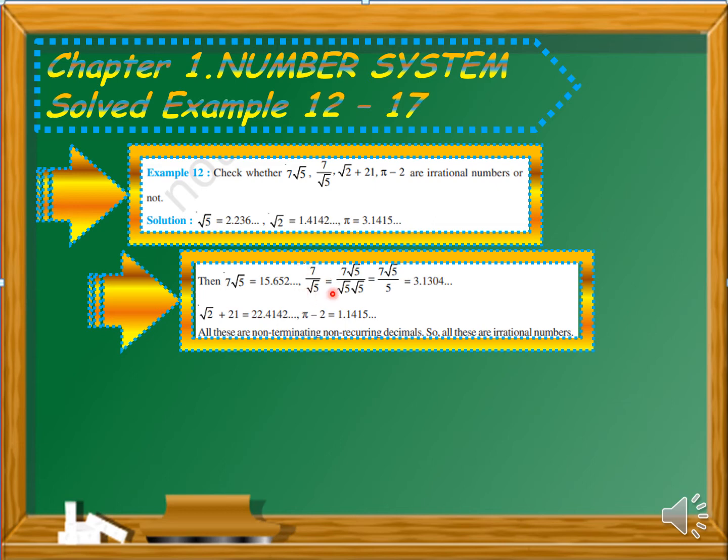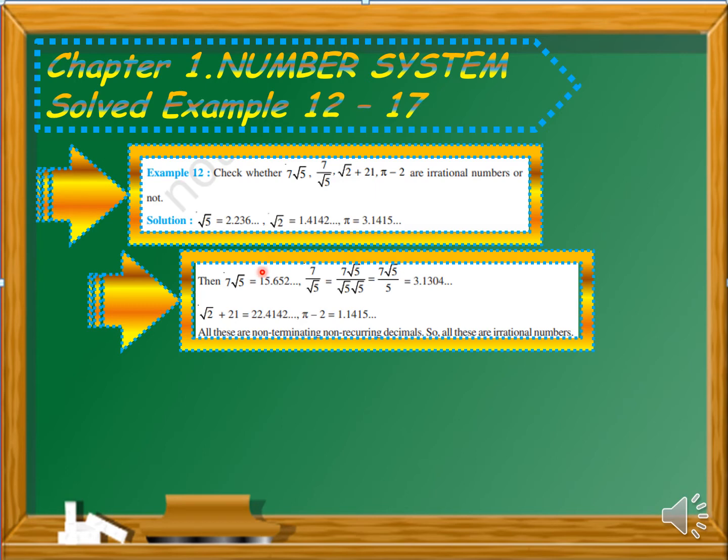Here root 5 is not a perfect square, so we have to multiply the same number, both on the numerator as well as the denominator. Why do we have to do it in the numerator? Because we have to just change the denominator. For example, you can take it as LCM.